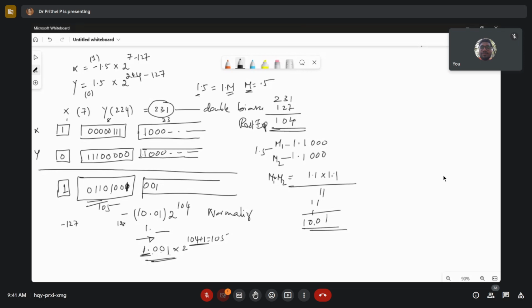If this is within this limit, then it is within the limit. Less than this or greater than this indicates that this is underflow and this is overflow. So if that happens, we need to do this adjustment, left shift or right shift. How many bits we have to shift is decided by how many bits they are underflow or overflow.